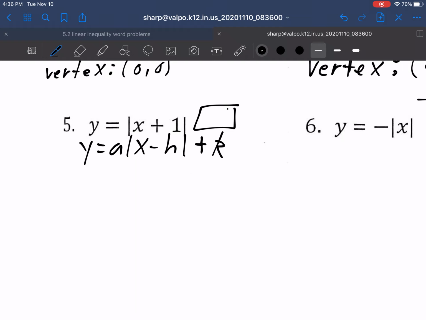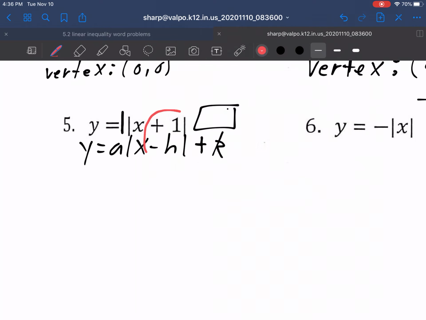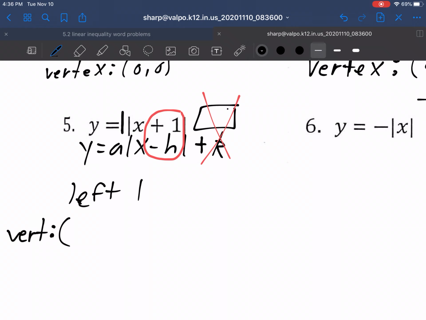There's no a value here because there's just a 1 out front, right? So the only thing there actually is this positive 1, right? There's no k value. The a value is just 1, which doesn't change my slope. So this graph is going to shift left 1 unit, which means my vertex is at (-1, 0), right?